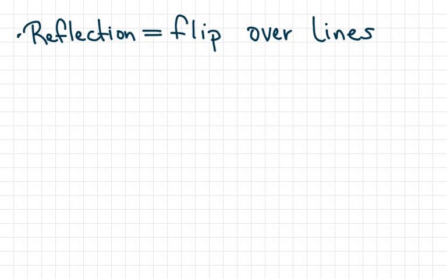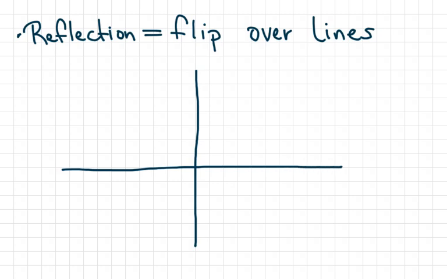So if I have my axes, and I start with any kind of shape here, so this is A, B, and C, and we can flip it over any number of lines, but let's start with an example where we flip it over the Y-axis.